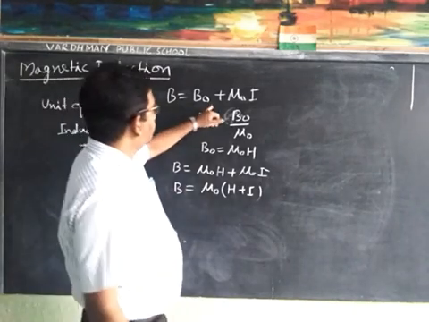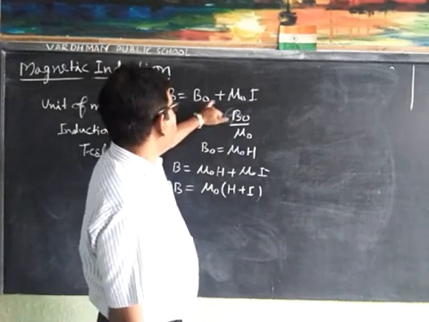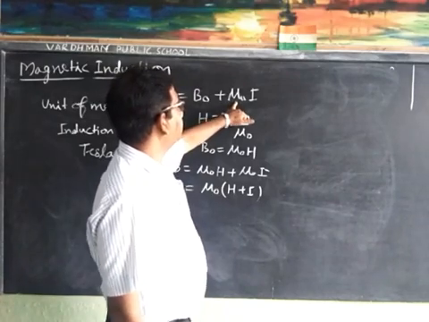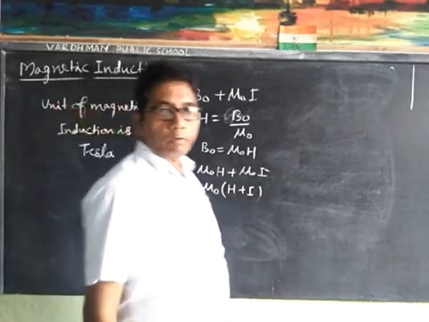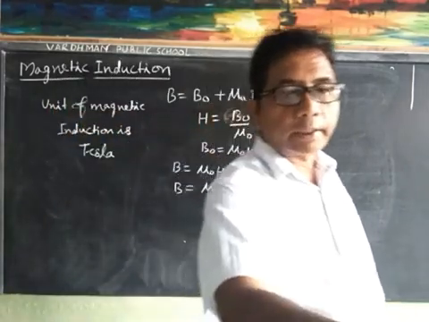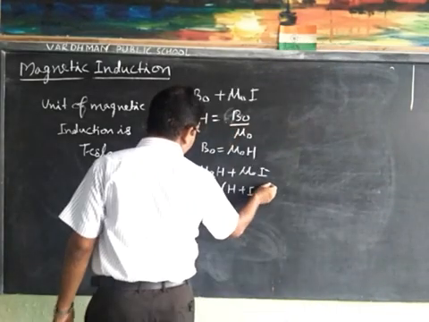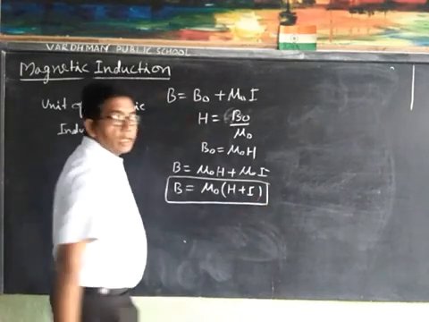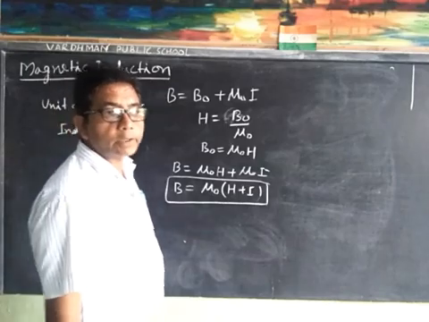B0 is the magnetic field produced in vacuum. What is mu zero? Magnetic permeability in vacuum. This is a very important formula: B is equal to mu zero times H plus I.